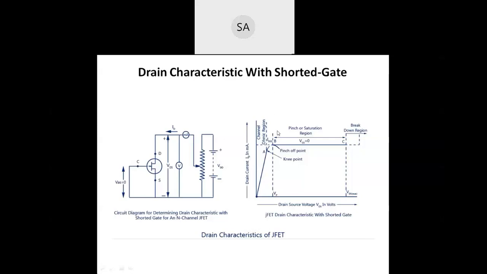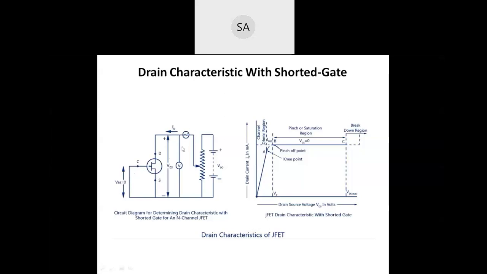So here, when the gate is supplied with a negative voltage, in this case the junction is reverse biased. Hence the conducting portion of the channel will be reduced. So whenever gate to source voltage is applied, the gate to source junction acts as a reverse bias, so the conducting portion of the channel is reduced.